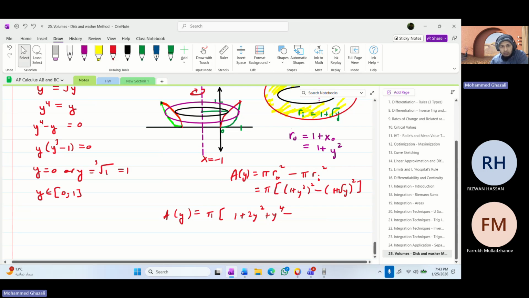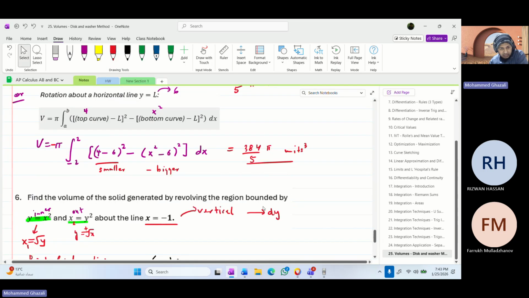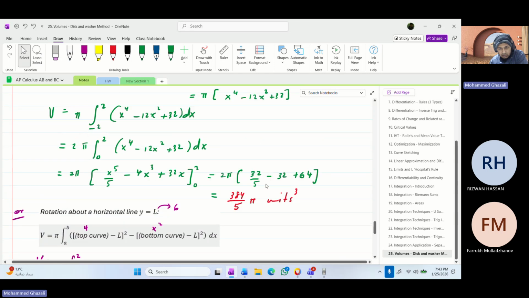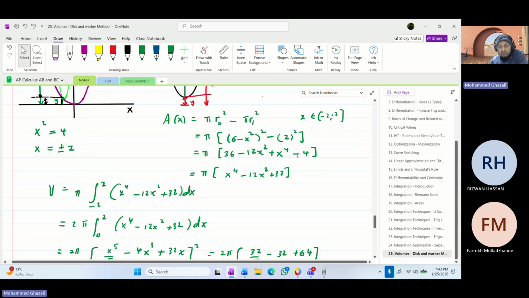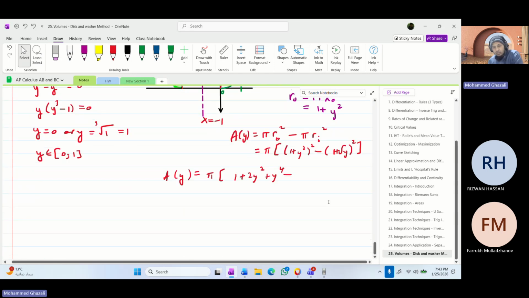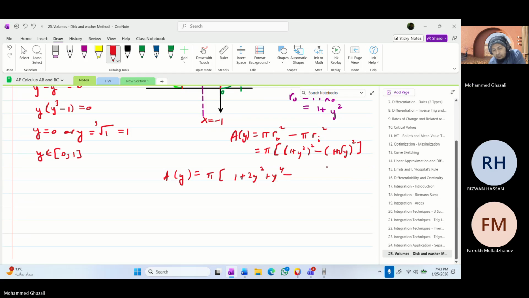Wait a minute, before, did we subtract or did we add? Yes, we did subtract, that's correct. So we're subtracting 1 plus 2 root y plus root y squared, which is y.